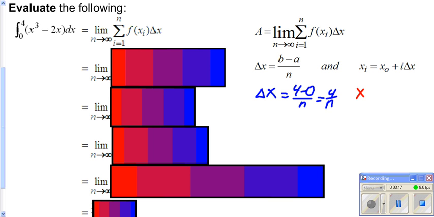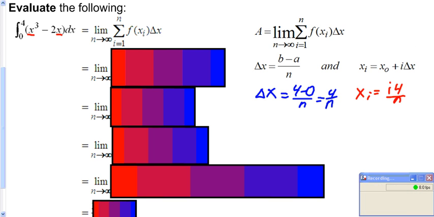Your x sub i is really your initial term, the beginning of your interval, which is 0, and putting 0 here and adding something doesn't change it. So it's just i times delta x, which we just figured out here. So we need to take this red stuff here and plug it in here and here.